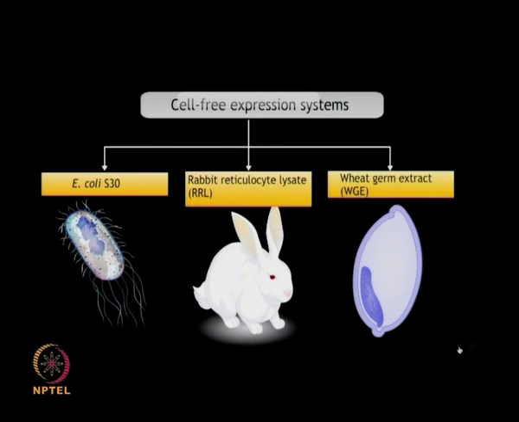Wheat germ extract or WGE is a cell-free expression system that is capable of producing full length proteins with correct folding and PTMs from plant sources. Yields obtained in this system are, however, slightly lower than the E. coli and RRL based cell-free expression systems.